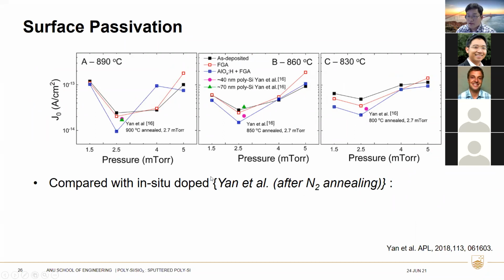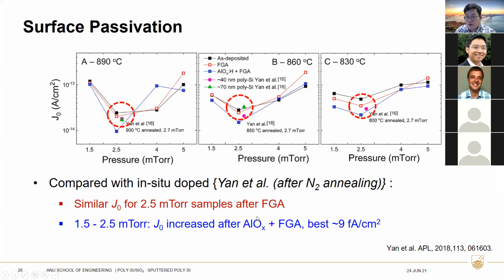Continue with the surface passivation. Compare with the in situ doping from Diyan, he performed a nitrogen anneal after finishing his samples. Here we use the forming gas and Alox forming gas. We see similar J naught for the 2.5 millitorr sample after the forming gas anneal.